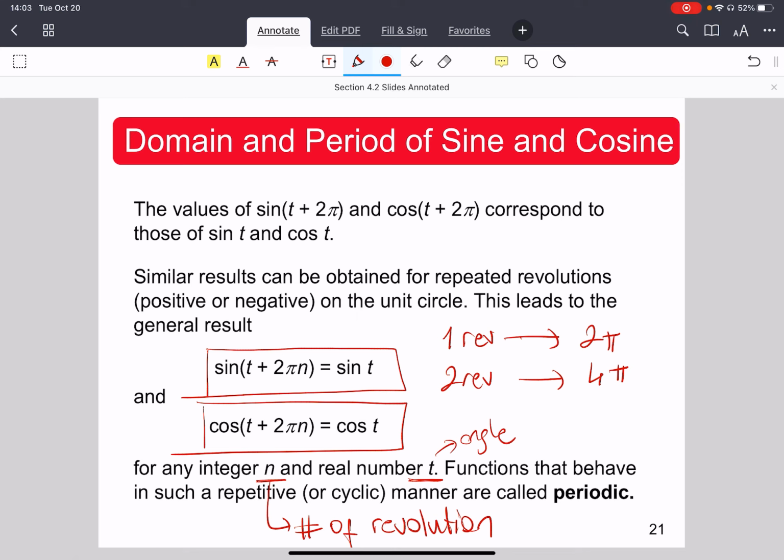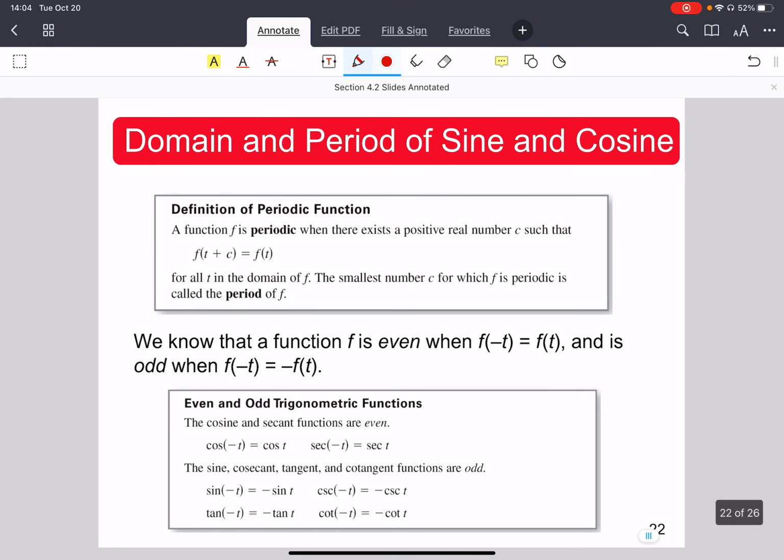So if we have n many revs, then we'll do n times 2 pi, right? Because we know that 2 revs is 2 times 2 pi. If you do n revs, then you should have n times 2 pi, which is represented right here and here. Okay, so here I formally put that definition that you can take a look.